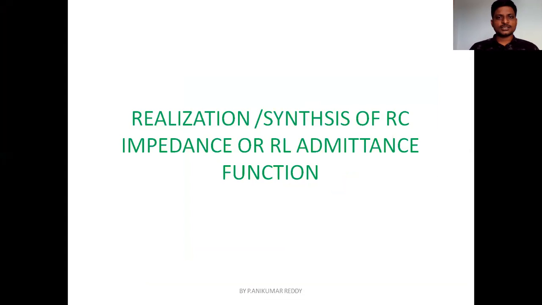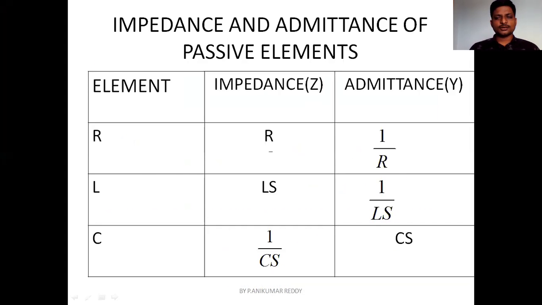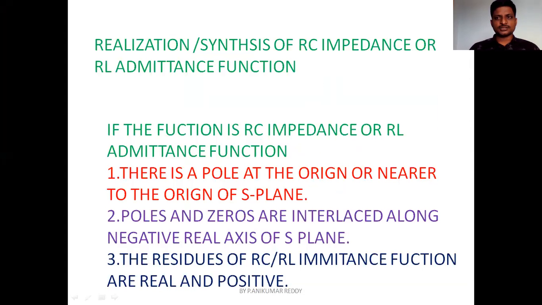So first we are going to realize synthesis of RC impedance or RL admittance functions. In order to synthesize, first you need to decide whether the given function is an RC impedance or RL admittance function. For that purpose, you first have to understand the properties of these functions.